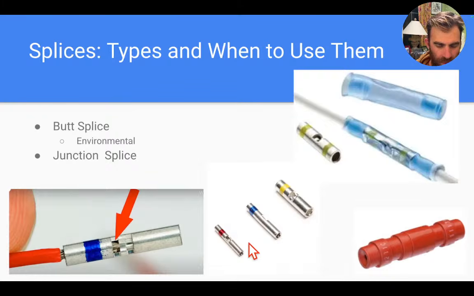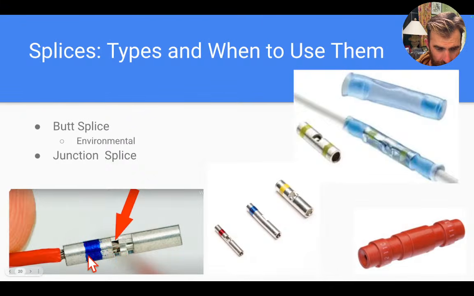But kind of how these work in a nutshell is you would strip the ends of the wires and insert them in the barrel of the splice, and you've got another sight hole window here so that you can make sure you've got enough wire in the splice.